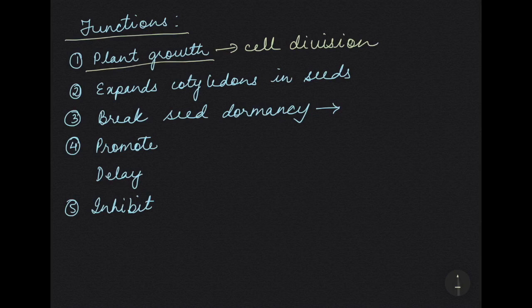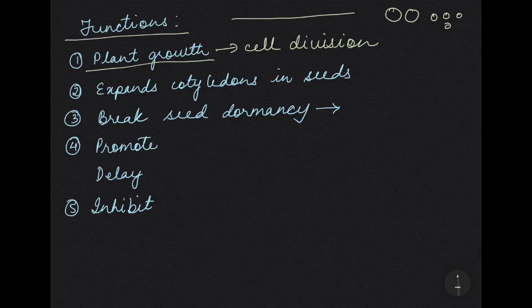To elongate means to become long, but cell division means one divides into two, two divides into four, and so on. Okay, so auxins and gibberellins stimulate growth by cell elongation, but cytokinin stimulates growth by cell division.